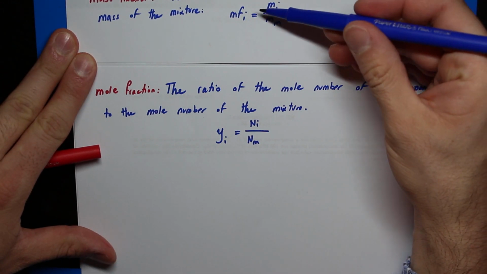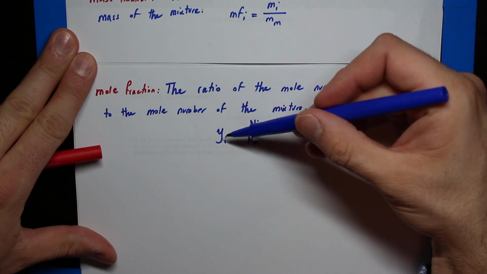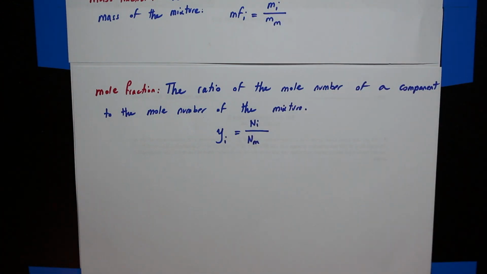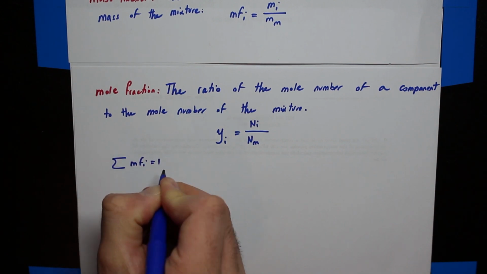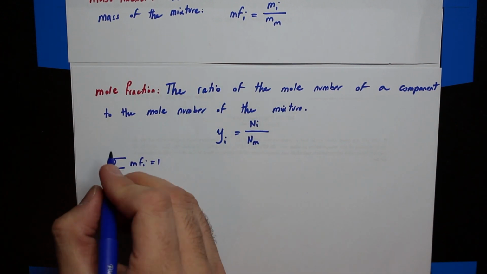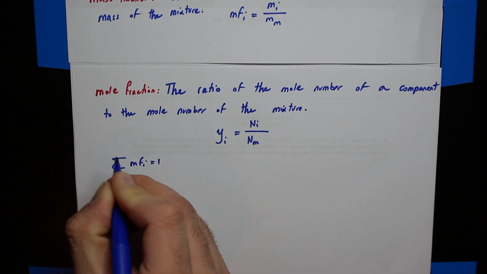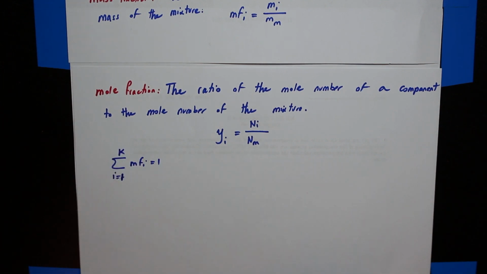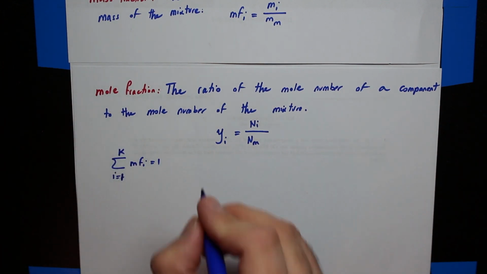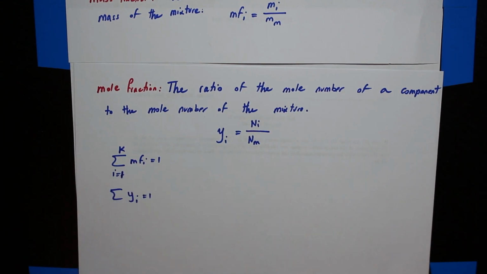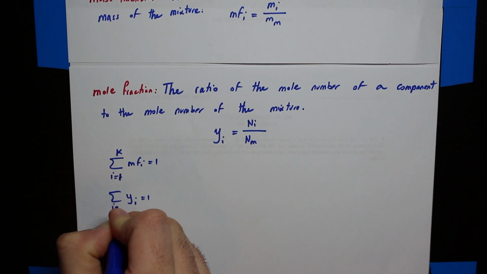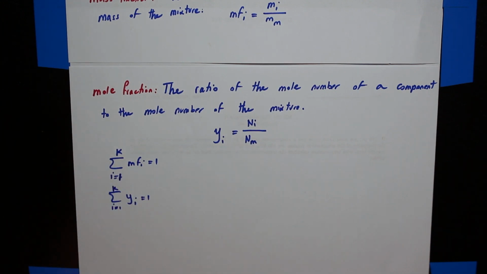So sigma y_i is equal to 1, where i starts from 1 to k, and k is the number of components that we have.